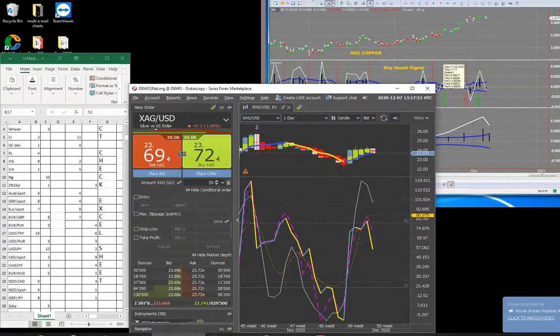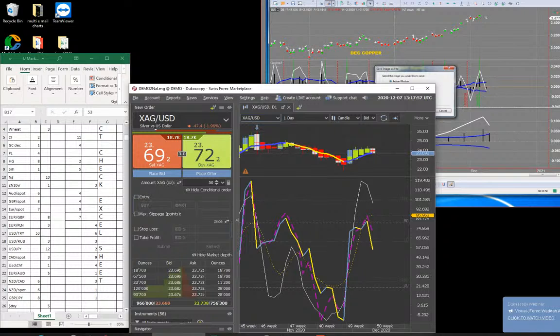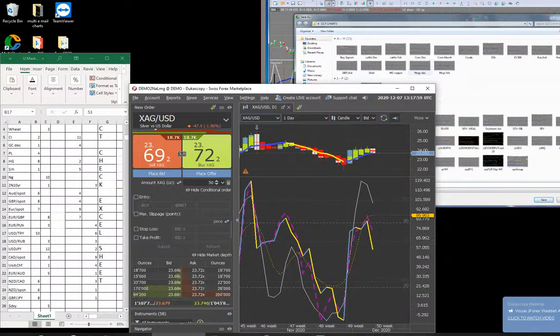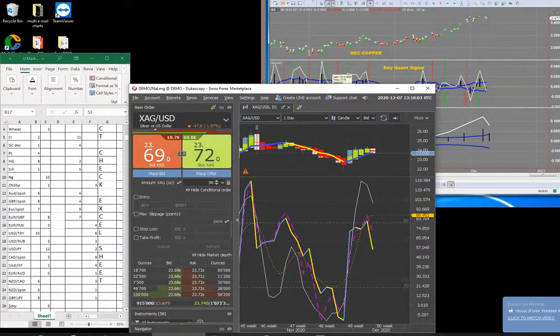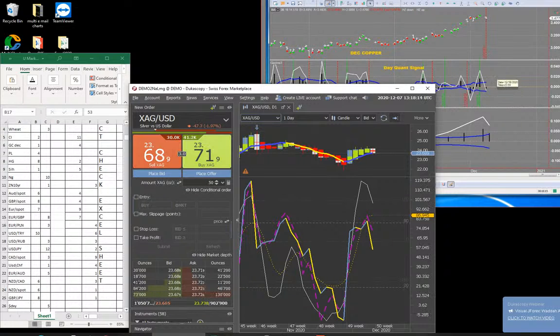Okay. So let me just save that while we're here. That's the copper. Right there. Oh, I should put a line in there because it is trying to get into a sell. It's below the number, that's for sure.